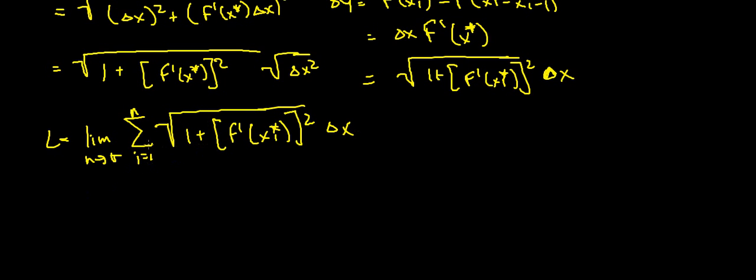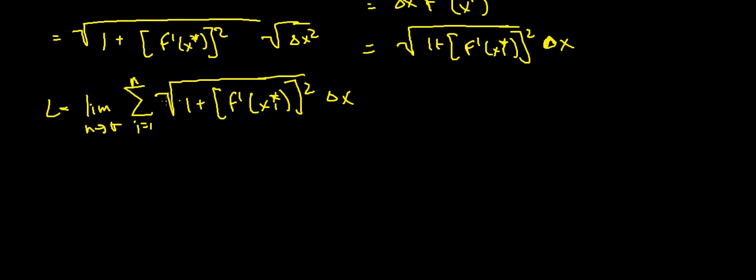And from here we can see that this is just a Riemann sum. So we can convert this to interval notation. And whatever, I'll just change it to Leibniz notation.